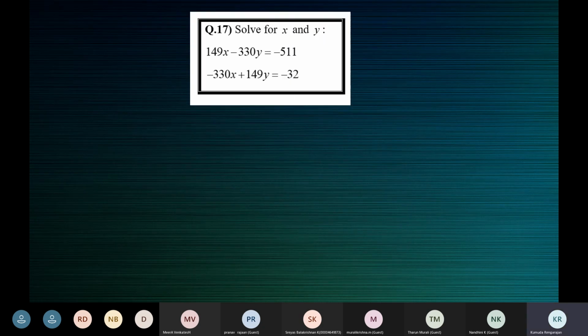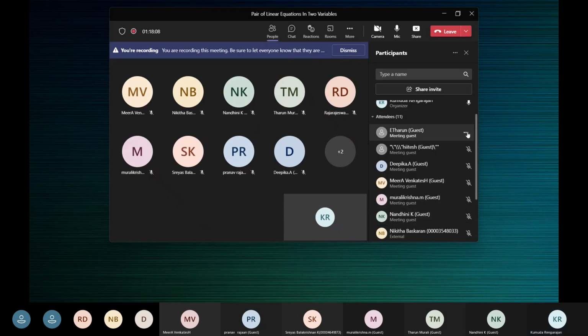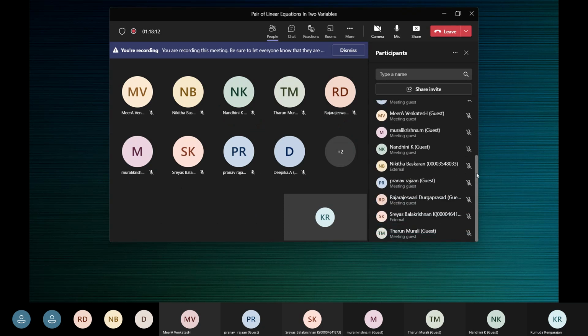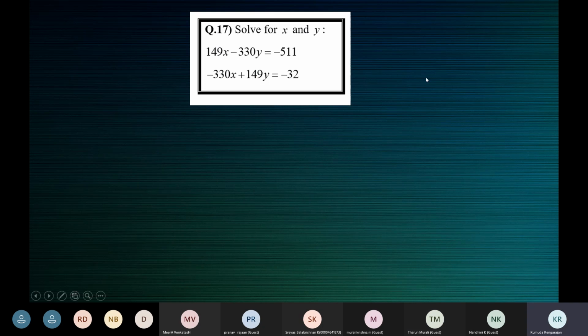Okay, now this is a test. All of you must get the correct answer. Just do it. So which method will you use? Elimination, substitution, cross multiplication, which method? Elimination. No, ma'am, another method. Yeah, the special method you told me.